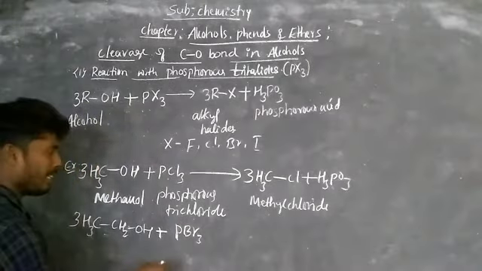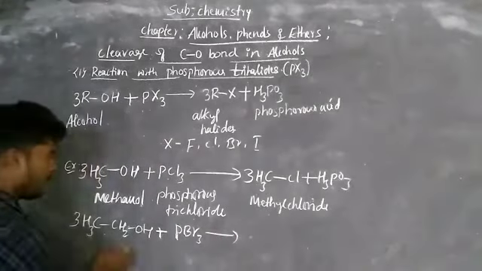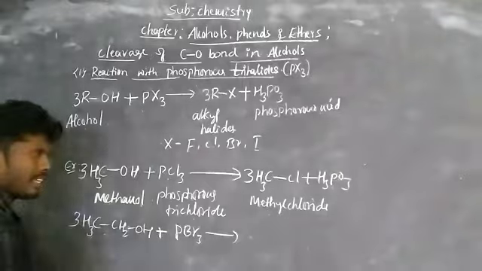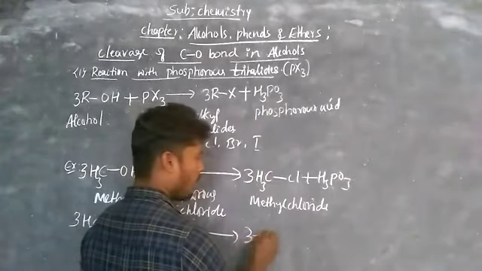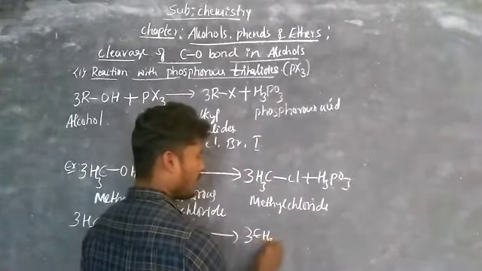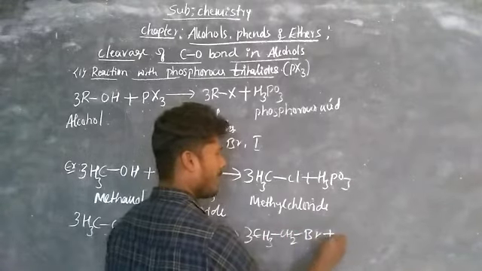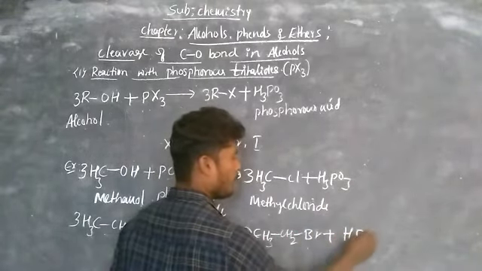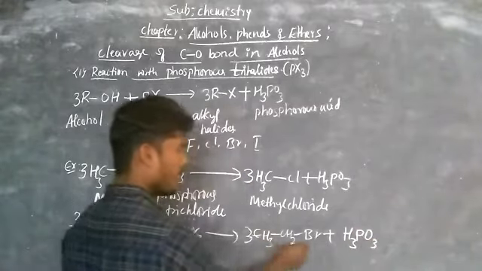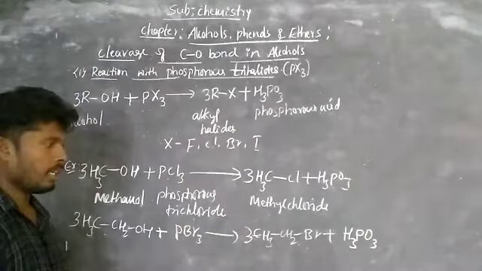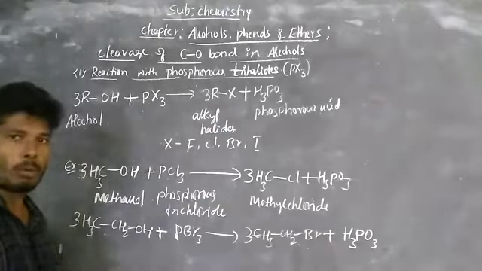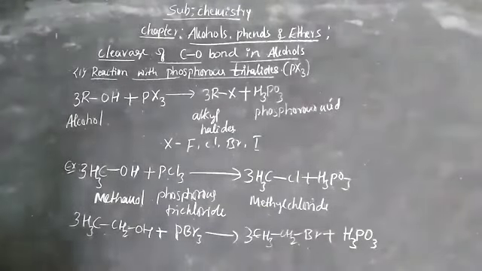So what we expect here is the product, 3 equivalents of CH3CH2-Br plus H3PO3. This is bromoethane or ethyl bromide. So this is the reaction of phosphorus trihalides with alcohol.